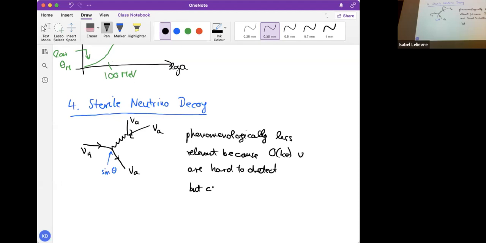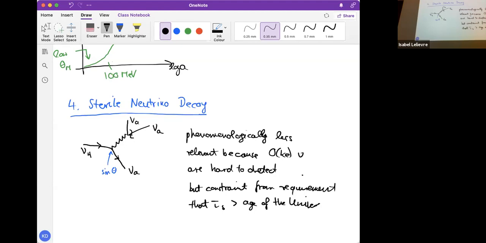But constrained from the requirement that the lifetime, so let's call this tau s, for instance, has to be larger than the age of the universe. So that's one constraint one can set.